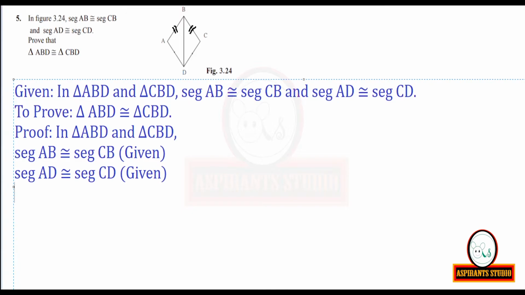Now you can see a common side. BD is common for both the triangles. So you will write segment BD is congruent to segment BD. Within brackets you will write common side.